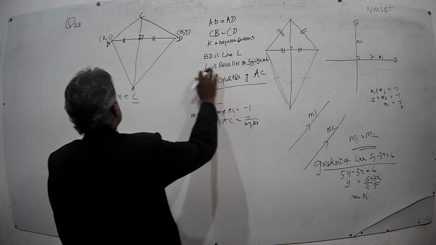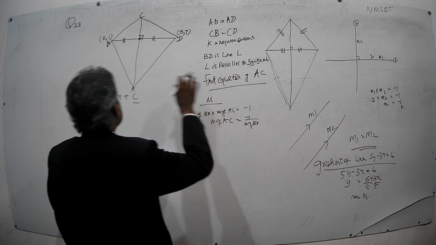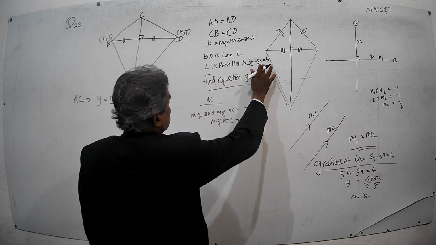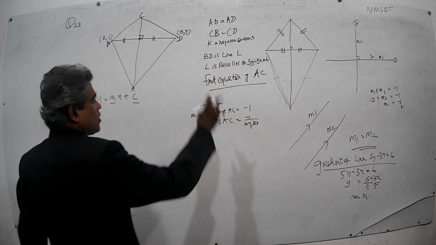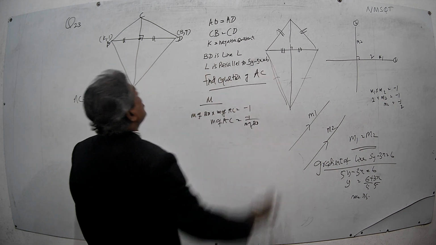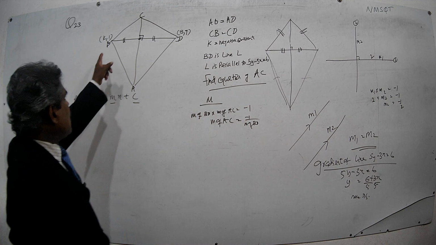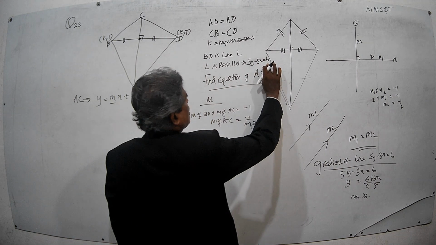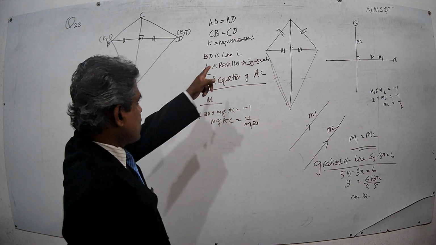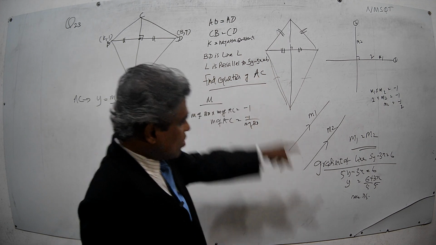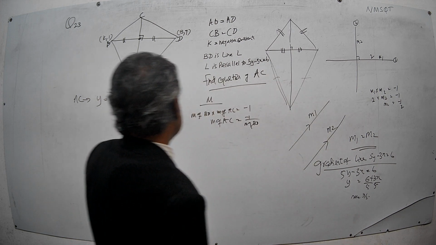As line L is nothing but line BD, we can say that line BD is parallel to 5y minus 3x equals 6. Then the gradient of BD equals the gradient of the line 5y minus 3x equals 6. We have found the gradient of that line. That's 3 over 5.